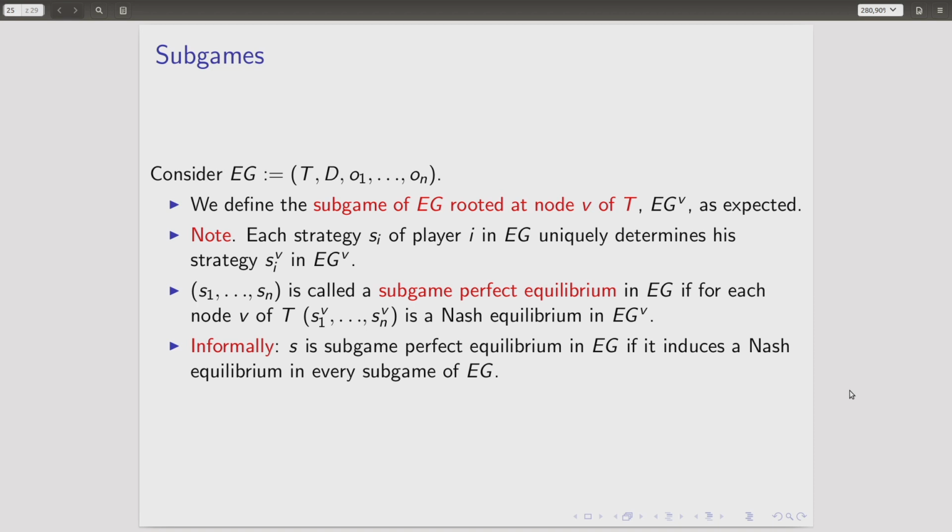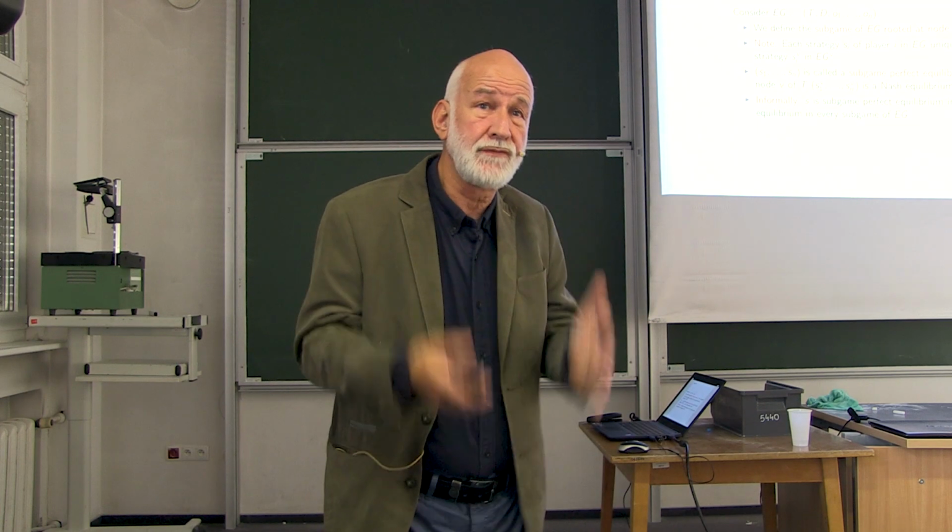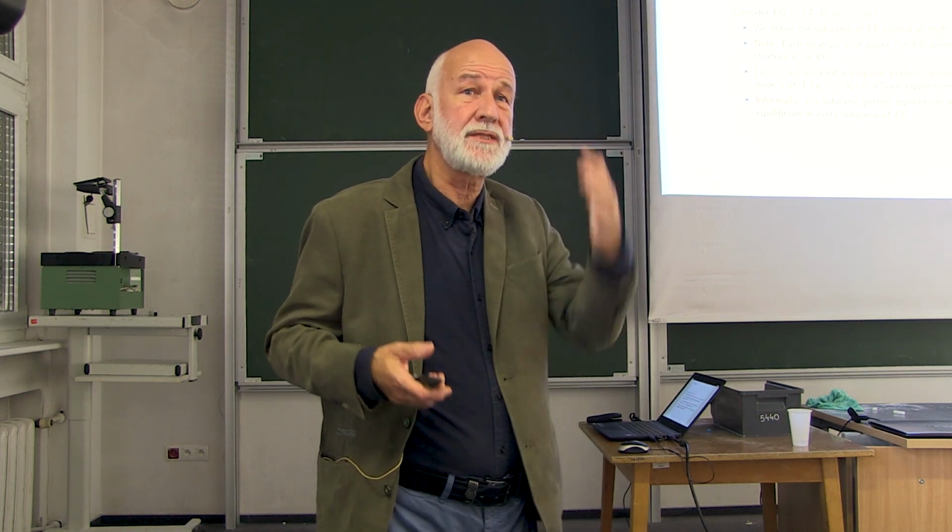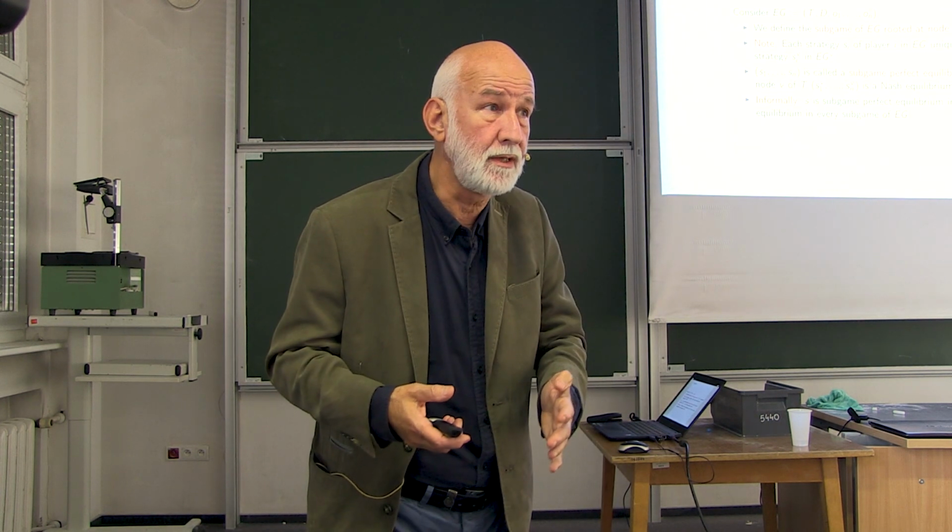So if we have a joint strategy, the sequence S1 up to Sn, and we consider whether this is an interesting joint strategy, then a crucial definition is that it is a subgame perfect equilibrium. That's the definition: if the truncation of these strategies in every subgame forms a Nash equilibrium.